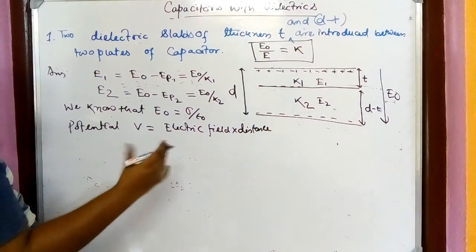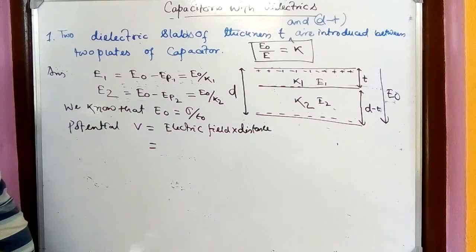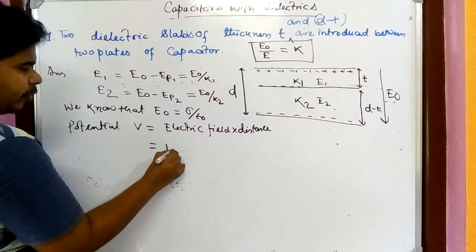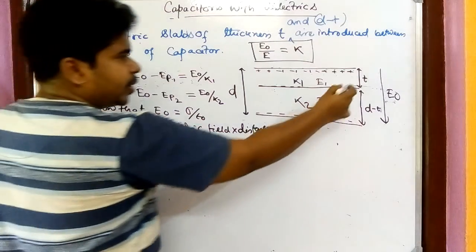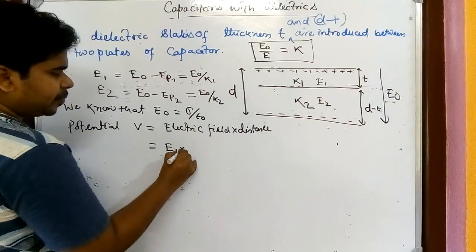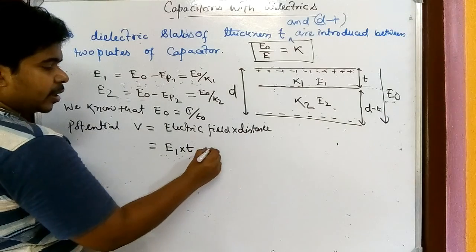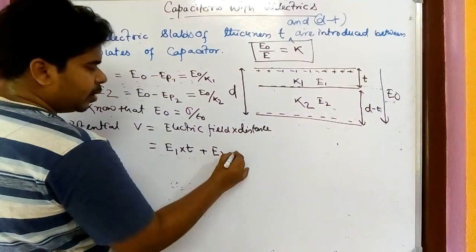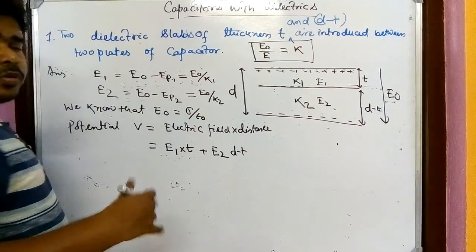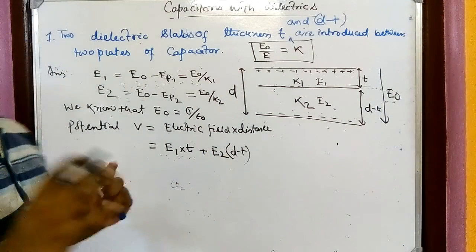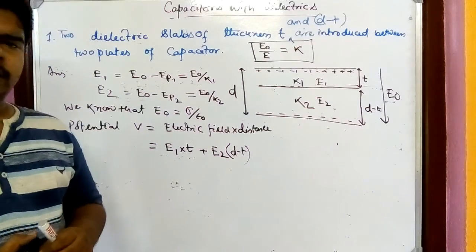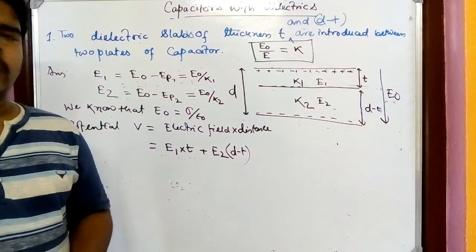So for the first case the electric field is E1 and its distance is T, and in the next case the electric field is E2 and its distance is D minus T. So if you just multiply electric field into distance, then you will get the electric potential.